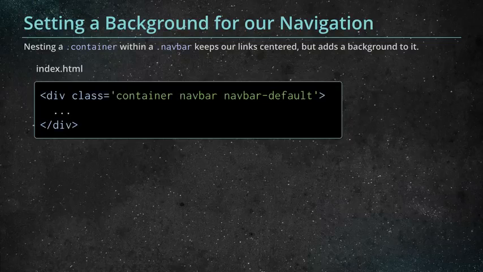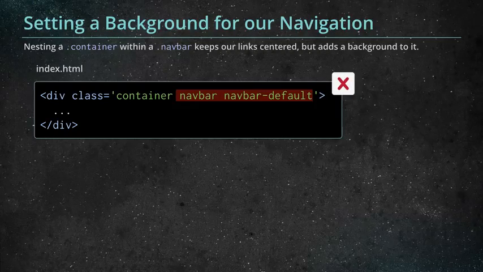Here's what the HTML for our navigation looks like right now. We have one div that is being centered thanks to our container class and has all of the styles for a navigation bar thanks to our other two navigation classes. What we want, though, is for our container to be inside of our navigation bar.